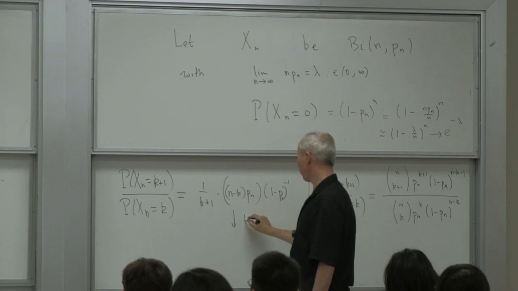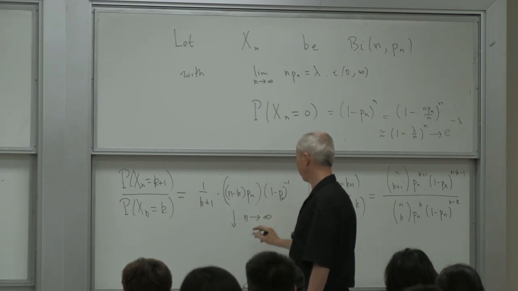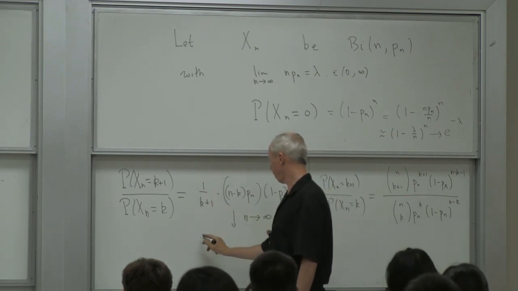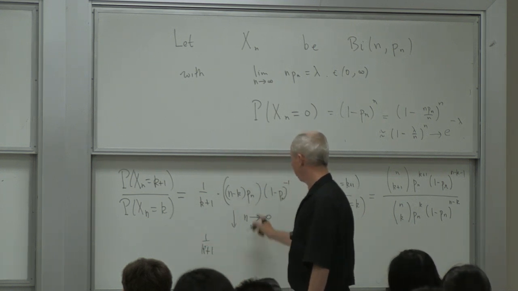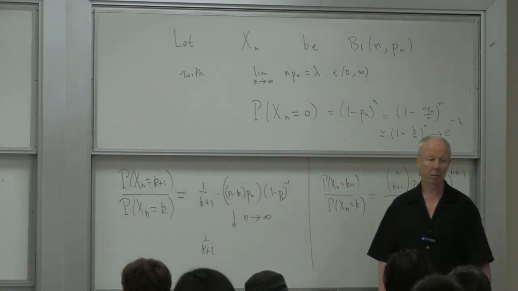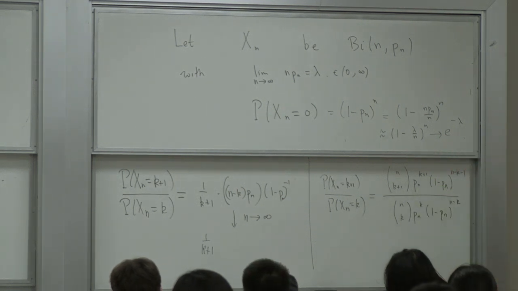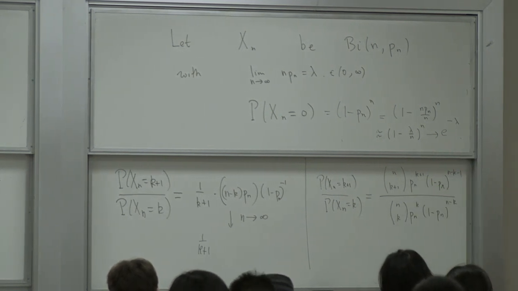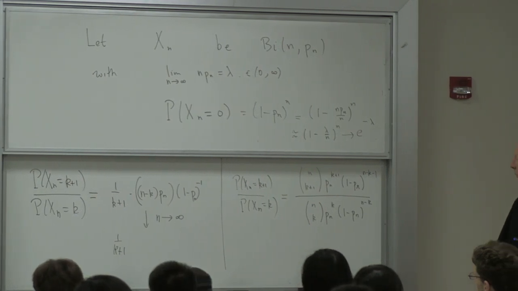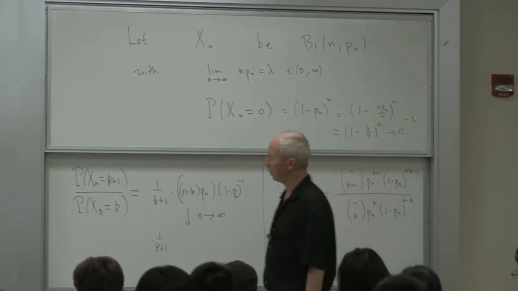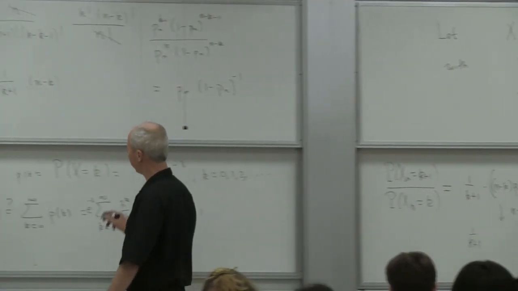Now let's consider what happens as n goes to infinity. This doesn't move. What does this do? k is fixed, but n is going to infinity. Well, let's examine it here.